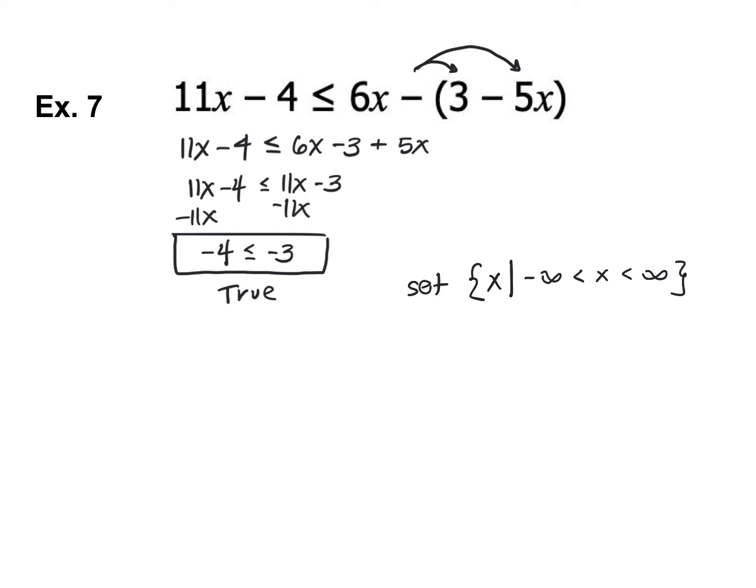In other words, this means that any value that we choose on our number line is a solution to this inequality. In interval notation, we have negative infinity comma positive infinity, and it represents the same thing. So any value that I choose as my x value will make this inequality a true statement.